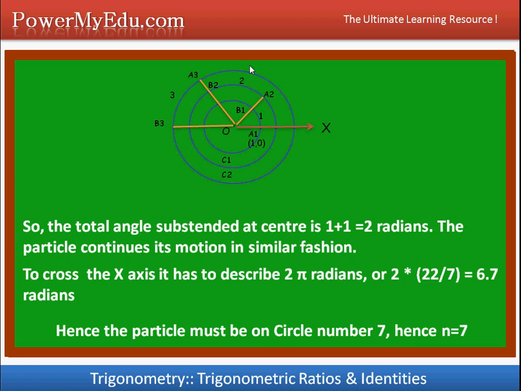You need to remember that to understand the motion of the particle, once we understand the pattern in its motion, we can trace the rotation anytime in that pattern, and then we can easily tell where it is after, say, making so many radians, when it will cross the x-axis or y-axis from the positive or negative direction, or after traveling so many radians, what its coordinate is and so on.